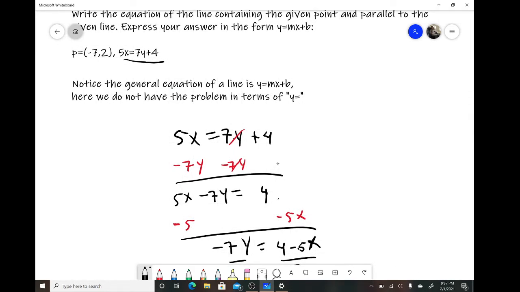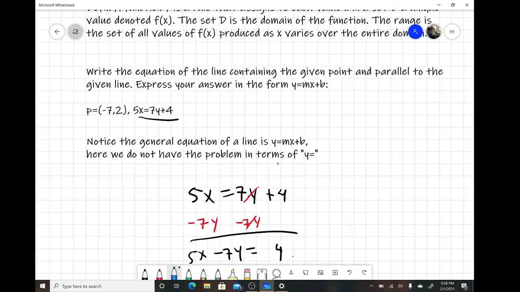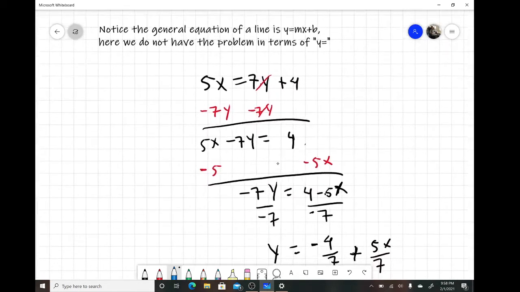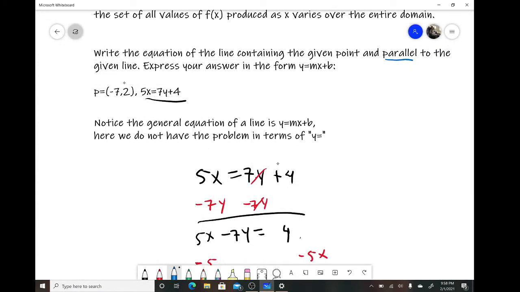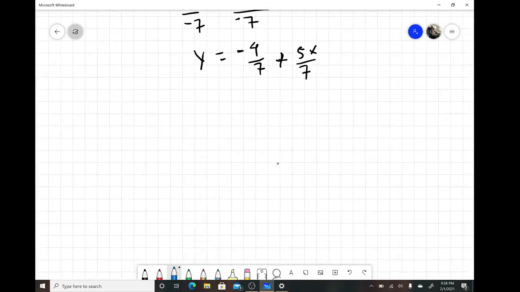We have the general equation of a line. And we have to look for a line that is parallel to this line and passes through the point (-7, 2). Here, just recall, the first value of the coordinate is your x value, and the second value is your y value. So you have negative 7, comma 2.